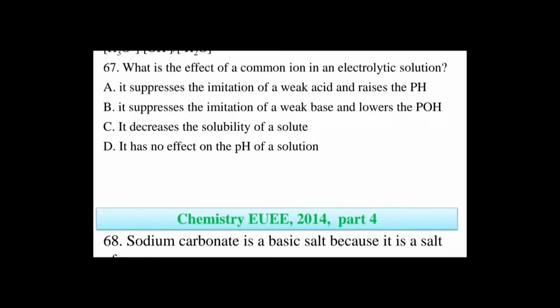So the answer will be C. It decreases the solubility of solute NH3.